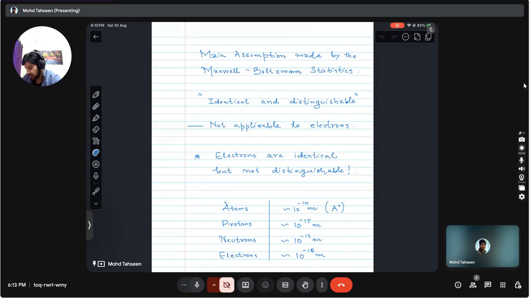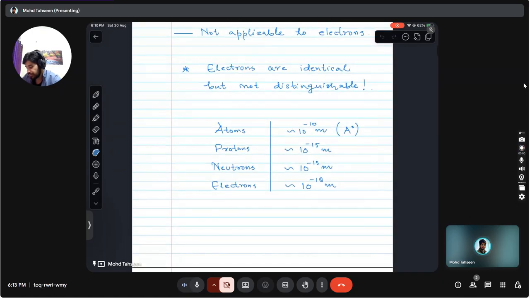Roughly, if we take a look at the length scales corresponding to atomic or subatomic species, we see that atoms are of the order of 10 to the minus 10 meters, which is the angstrom level, and protons and neutrons, which live inside the nucleus, have roughly the size of 10 to the minus 15 meters, which is also called a Fermi level.